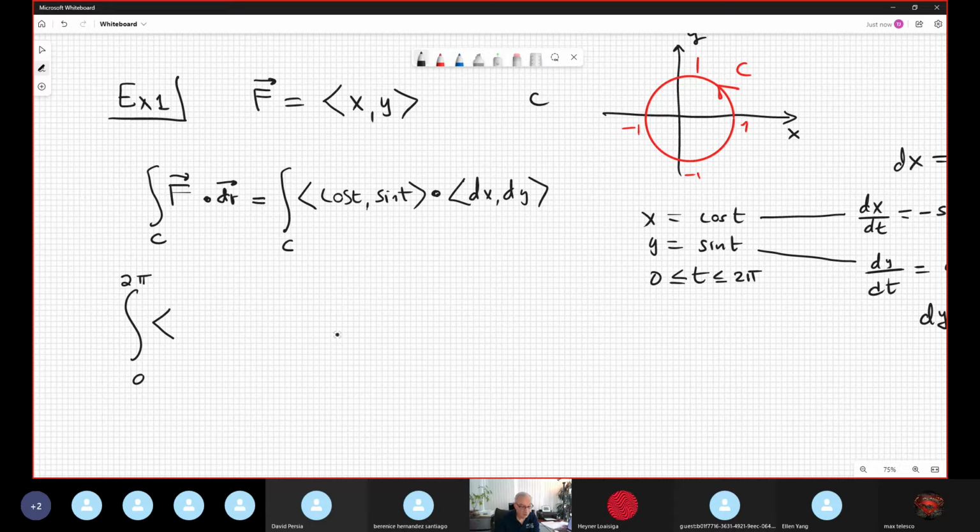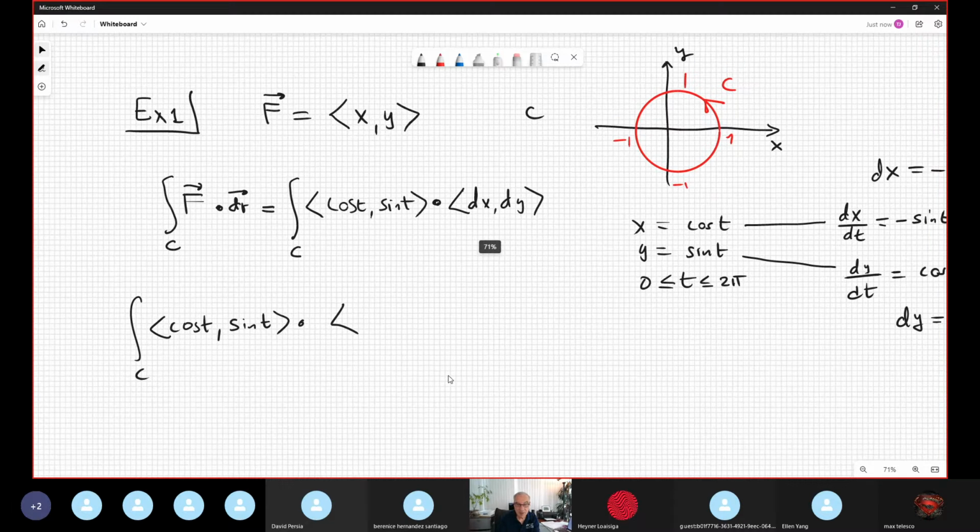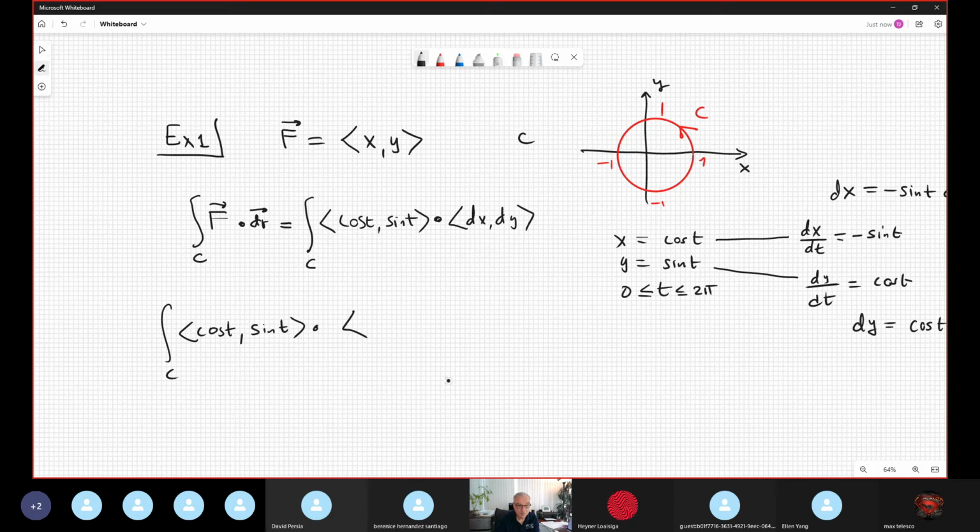So the integral so far: cosine t, comma sine t, dot product, and dx is minus sine t dt, comma cosine t dt. Now you perform the dot product.